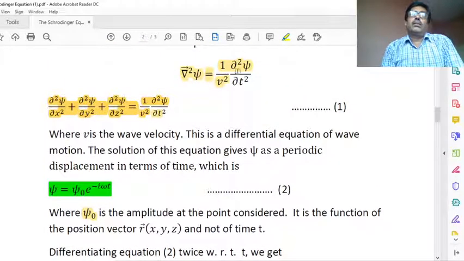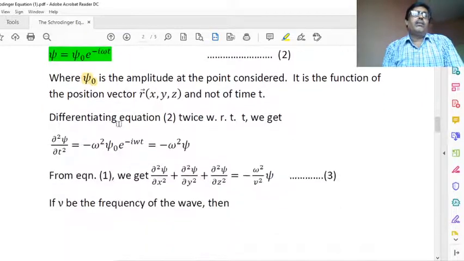Now see, this is your equation 1, here del 2 psi. So we differentiate it twice to get del 2 psi by del t square. Differentiating equation 2 with respect to time twice, we get del 2 psi by del t square equal to minus omega square psi 0 e to the power minus i omega t, and in place of this we may write psi. So finally we get minus omega square psi.